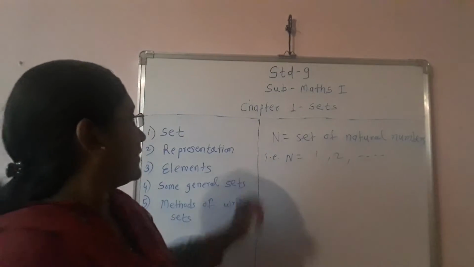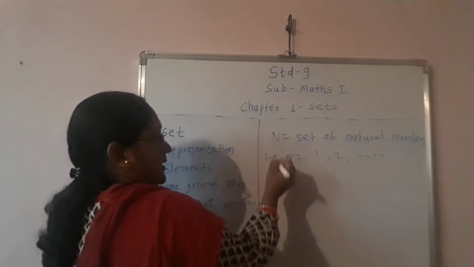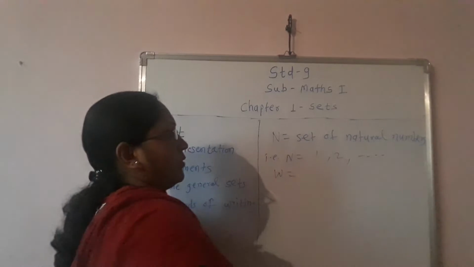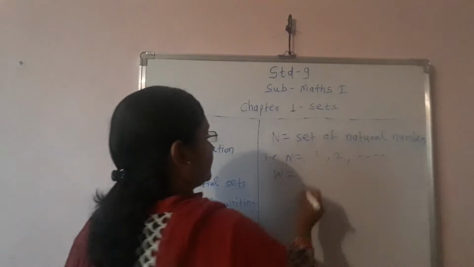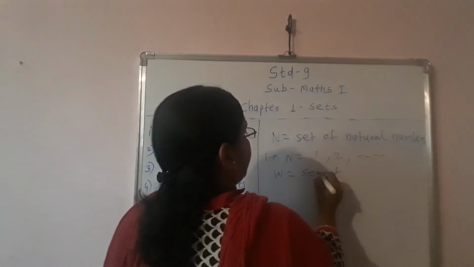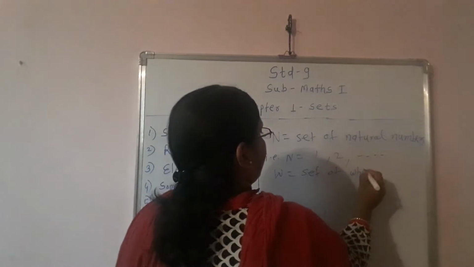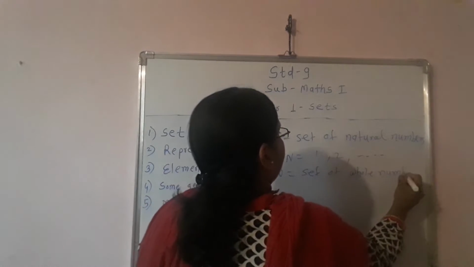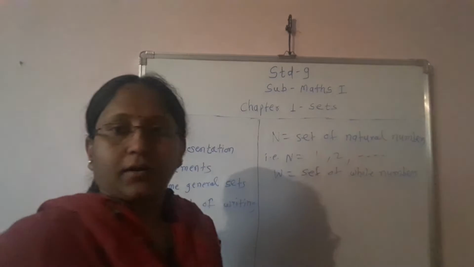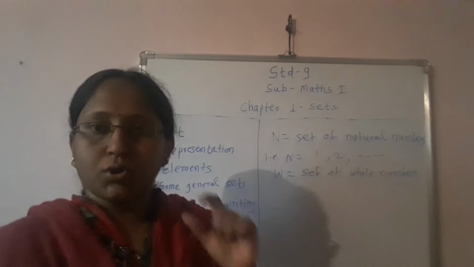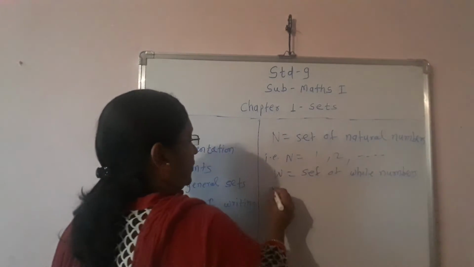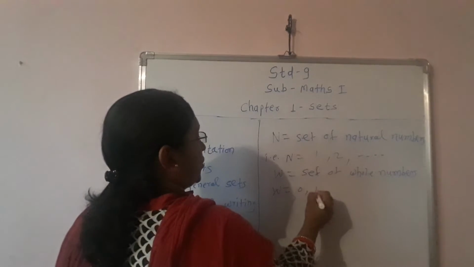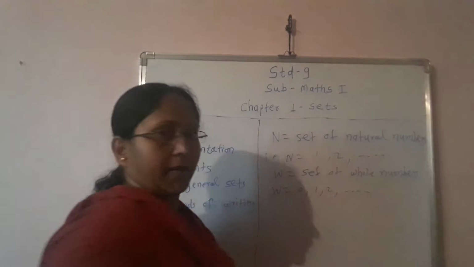Then next set W, set of whole numbers. Whole numbers start from 0, so W = 0, 1, 2 up to infinity.